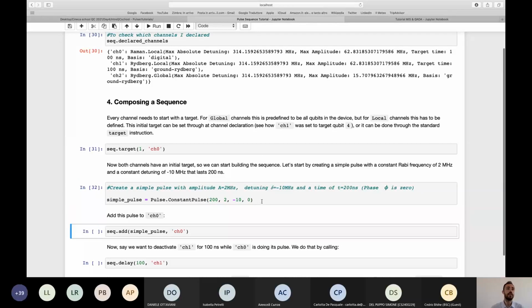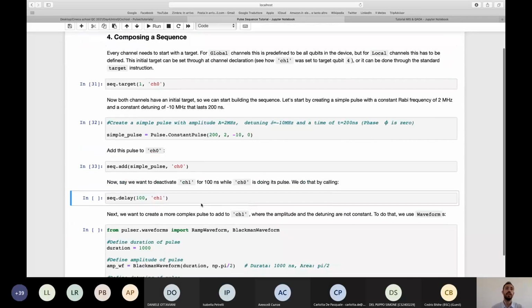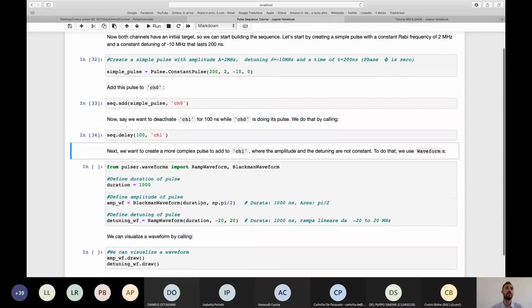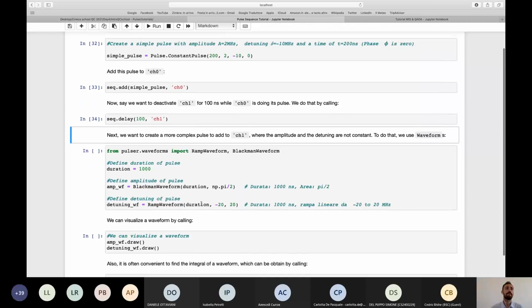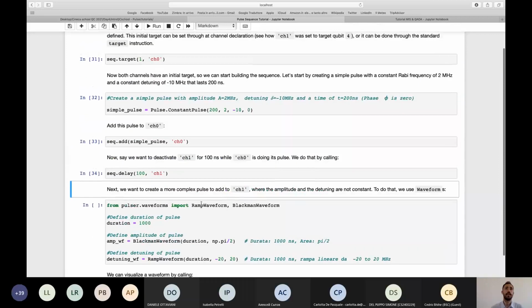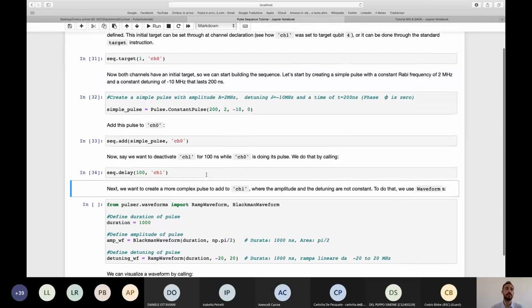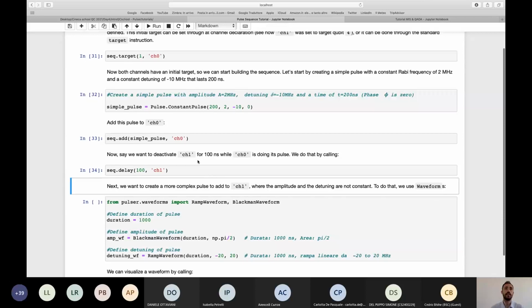And I add it to channel 0. And we want to deactivate channel 1 for 100 nanoseconds. And that's our constant pulse. That's how you declare it.